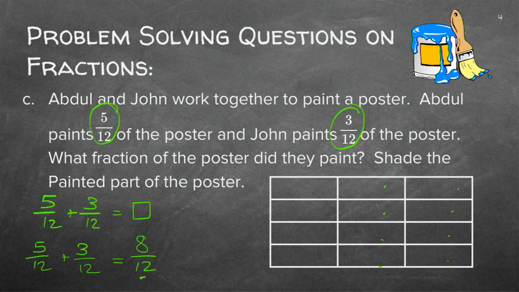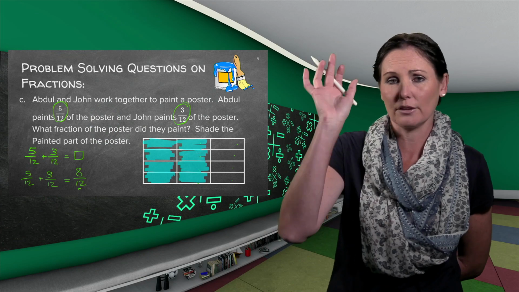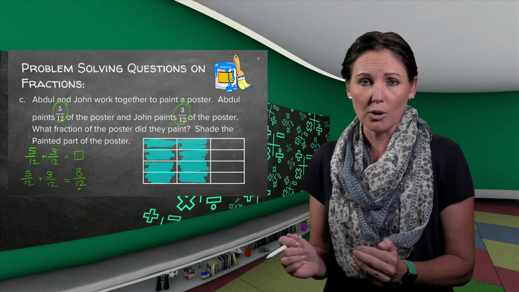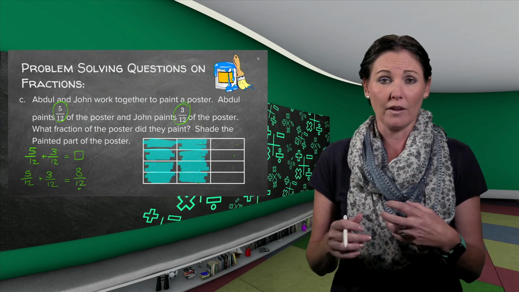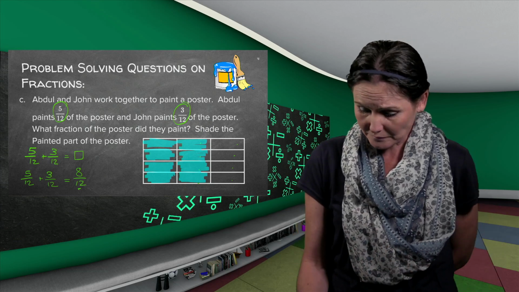Now, what do I have to shade? I have to shade 8 parts. So it's 1, 2, 3, 4, 5, 6, 7, 8. There's no wrong or right way to shade it. You can shade it across, you can shade it from top to the bottom, it doesn't matter, boys and girls. As long as you've got 12 parts, that's your denominator, and they're asking you to shade the part that was painted, which will be 8.